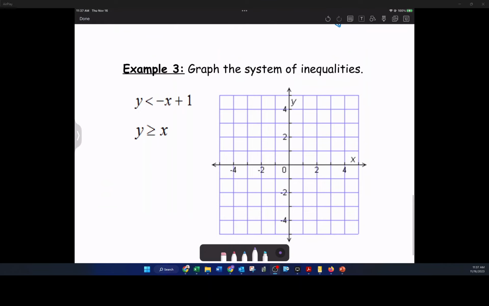All right. So last one. Here we have dashed, since it is not equal to. Shading down again. So we start at 1. Slope is negative 1, so that means we're going to go down 1, run 1.